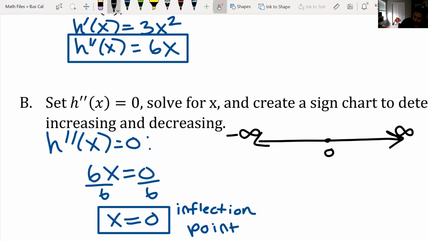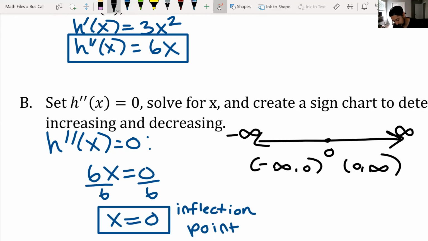Now my intervals: negative infinity to 0, 0 to infinity. Okay, test numbers.